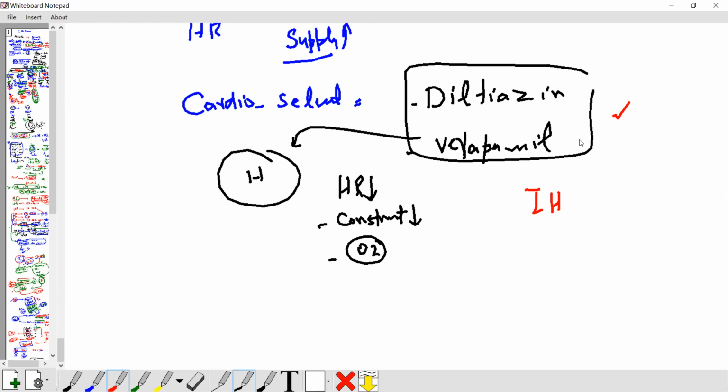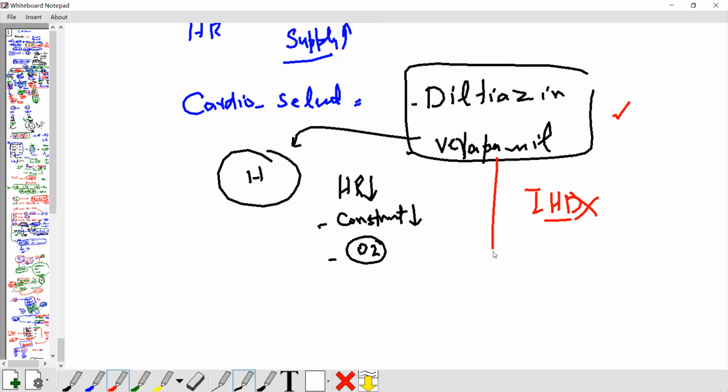So for ischemia, angina, and MI, we prefer a vasodilator along with beta blocker: nitrate vasodilator along with beta blocker, calcium channel vasodilator along with beta blocker. The cardioselective ones are not frequently used for ischemic heart disease.